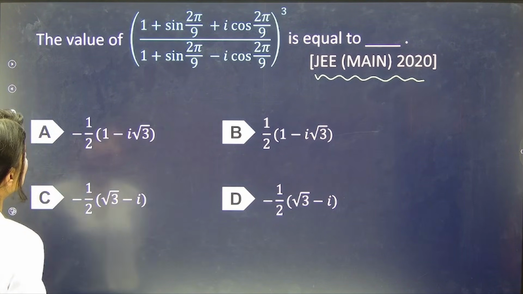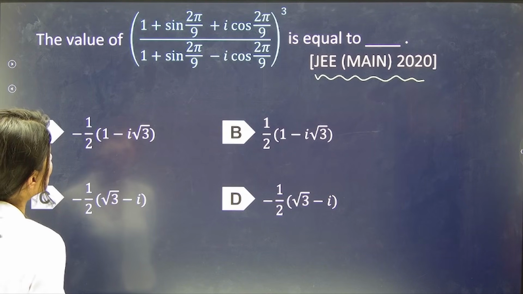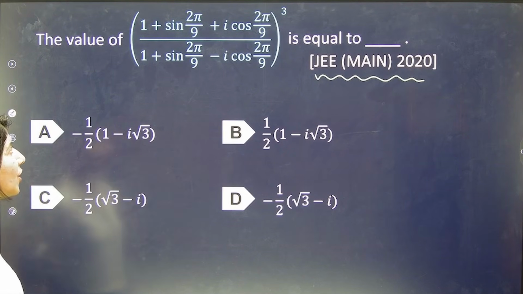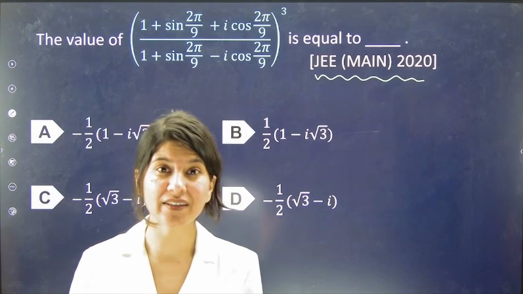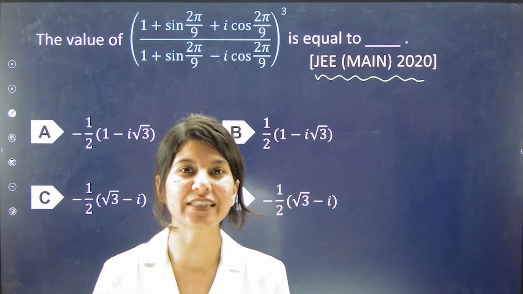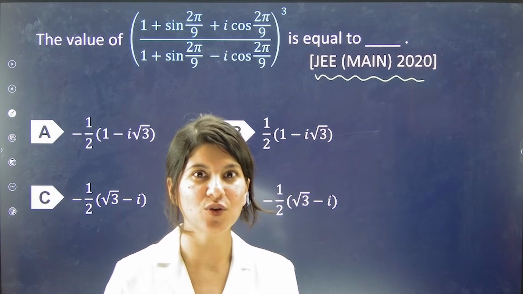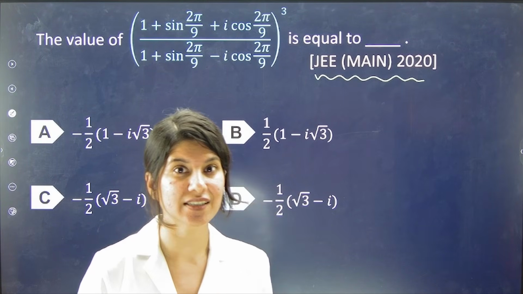Clearly sine 2 pi by 9 plus iota cos 2 pi by 9 is written over here, which is the wrong format. What is the correct format? So many of you will tell me this is the right format. No, the correct format is cis theta: cos theta plus iota sin theta.